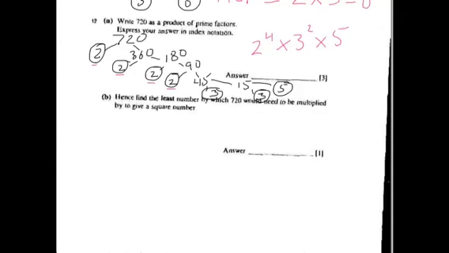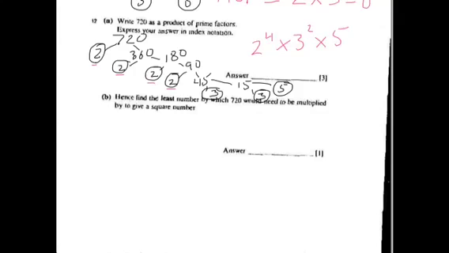Part B then, hence find the least number by which 720 would need to be multiplied to give a square number. Well, remember a square number is one number multiplied by itself. Okay, so for example 4 is a square number because it can be 2 times 2.